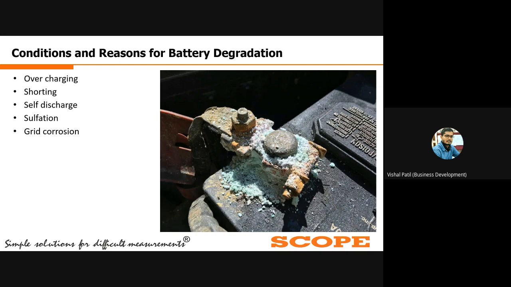This sulfation will be gray in color. Due to this type of sulfation or grid corrosion, the battery will feel some stress whenever it is connected to the loads, and also certain external resistance will be added in the circuitry, and due to that the capacity will be lost.